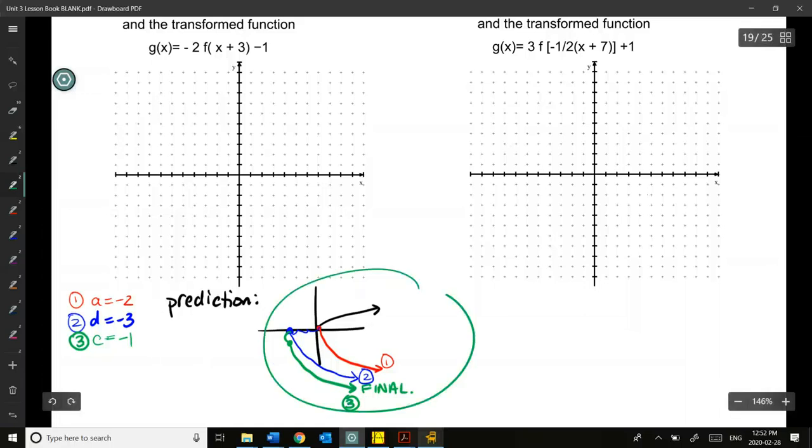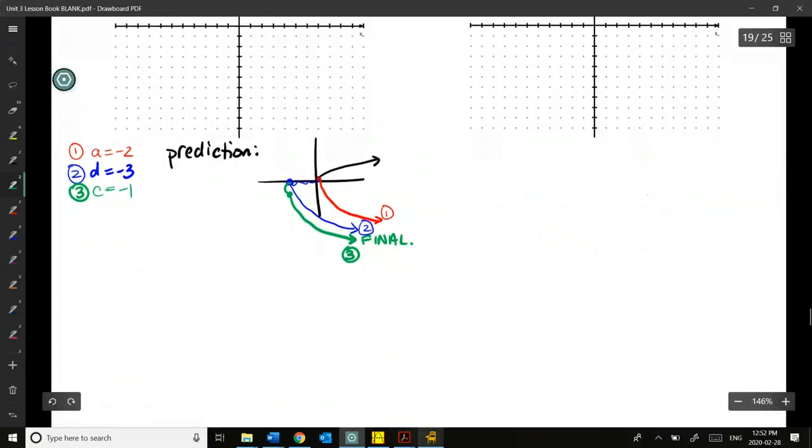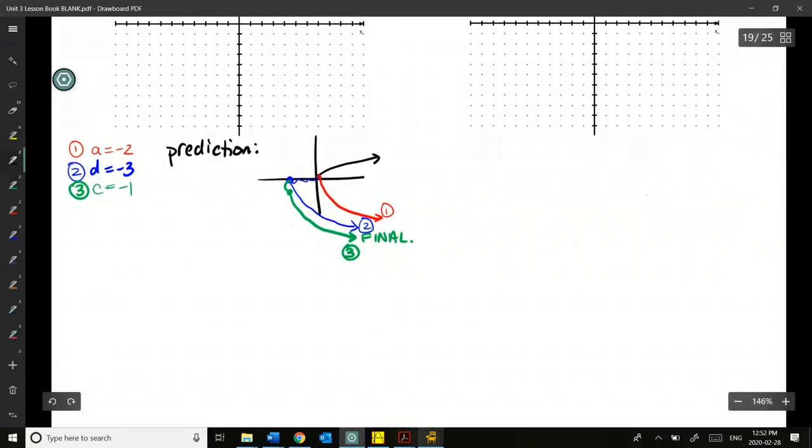So just exactly what we did here. Show me step by step what each of these transformations does and then label the final graph once you get there. So make sure that you know how to sketch each individual one. And then when we actually calculate, we'll do all the transformations together in one calculation.